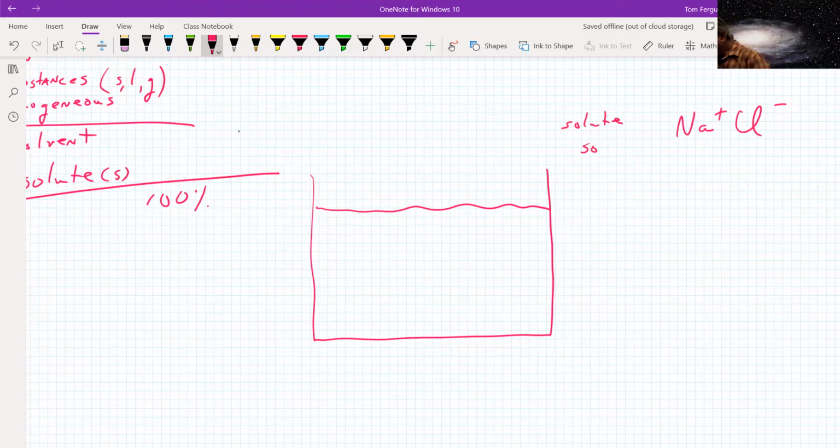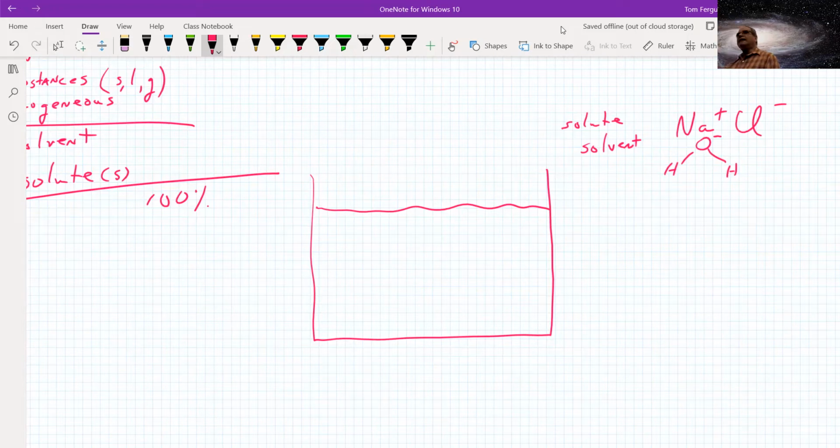And our solvent is going to be water. And if you think back probably a month ago or so, we found out that water is very polar. It's got a negative part to it and two positive parts to it.